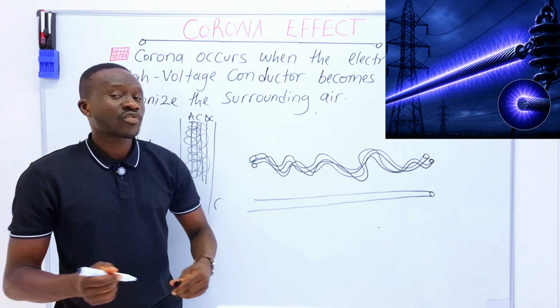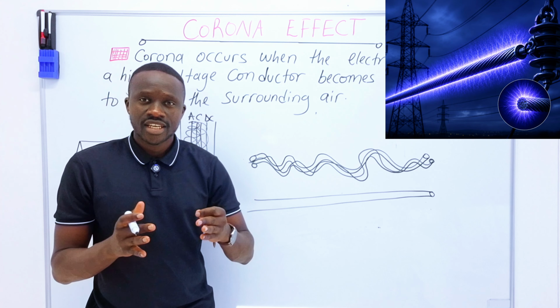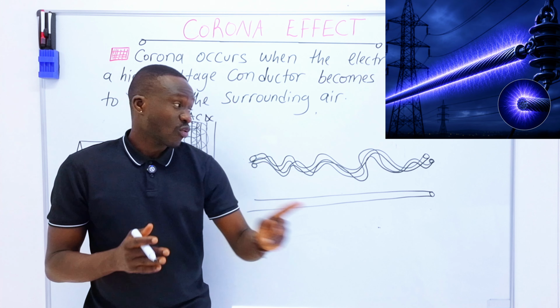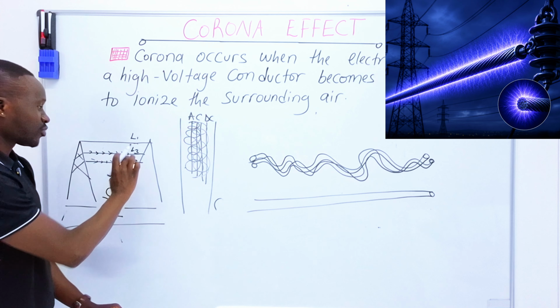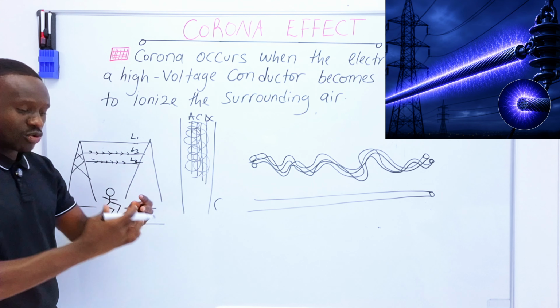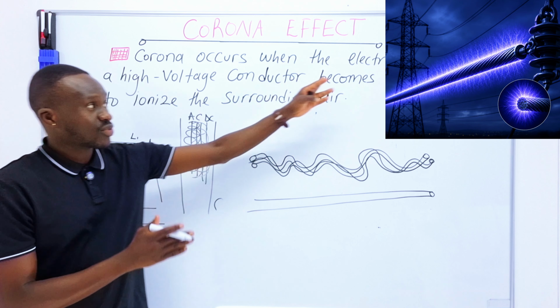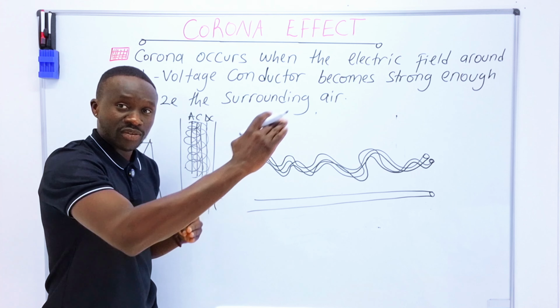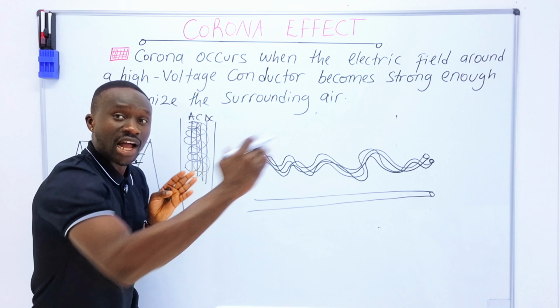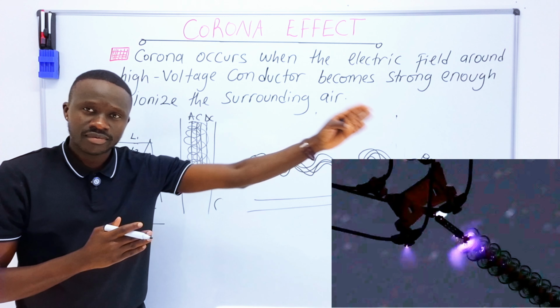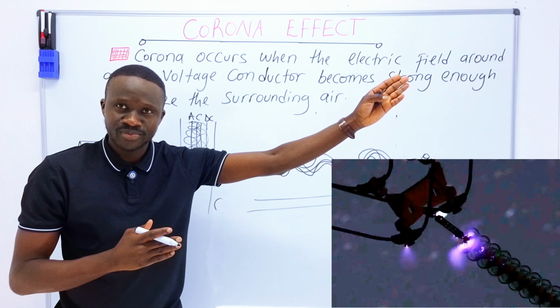Now, to avoid sharp ends of the conductor, what they did on this transmission is use a cable with a big diameter, so that these electric fields will not penetrate. The corona effect will not ionize the air. Once it is a point, it passes through.